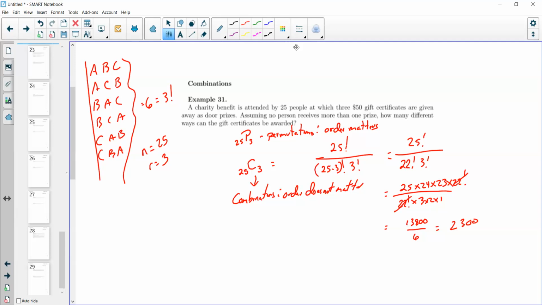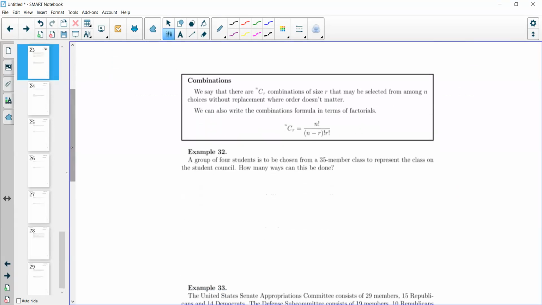That's the big thing. If the order matters, use the permutation formula. If the order doesn't matter, use the combination formula, which will be given to you on the exam. So let's look at the next page. And here it is.